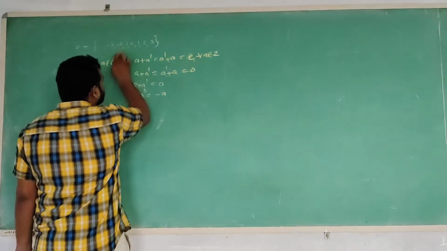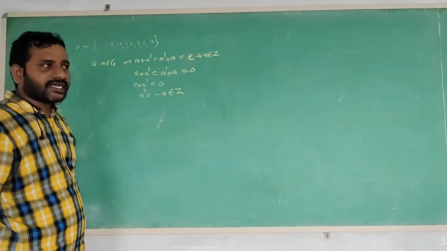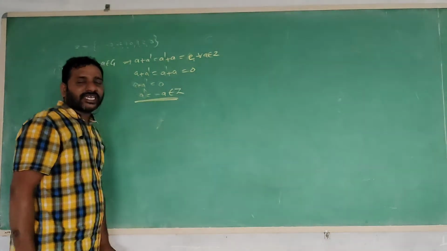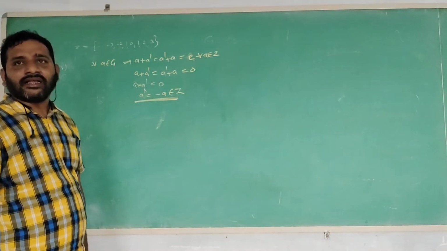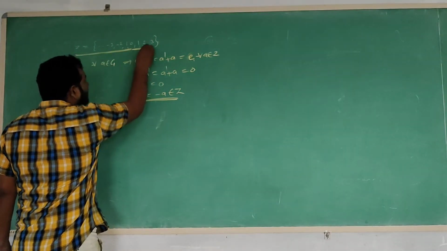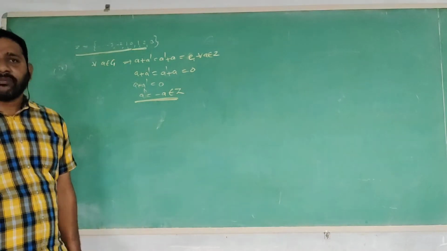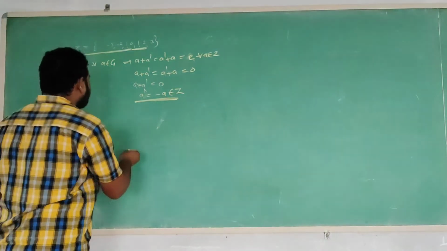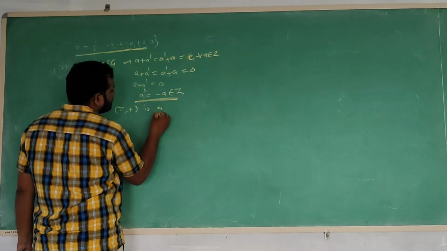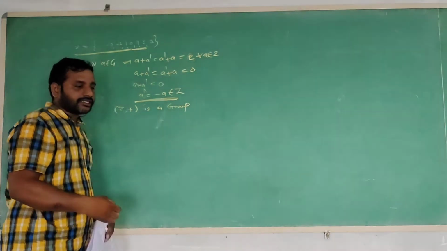Minus a also belongs to Z. That's why, in the set of integers, the inverse of a is minus a. Therefore, the set of integers satisfies the closure, associative, identity, and inverse properties. Therefore, we can say that (Z, plus) is a group.